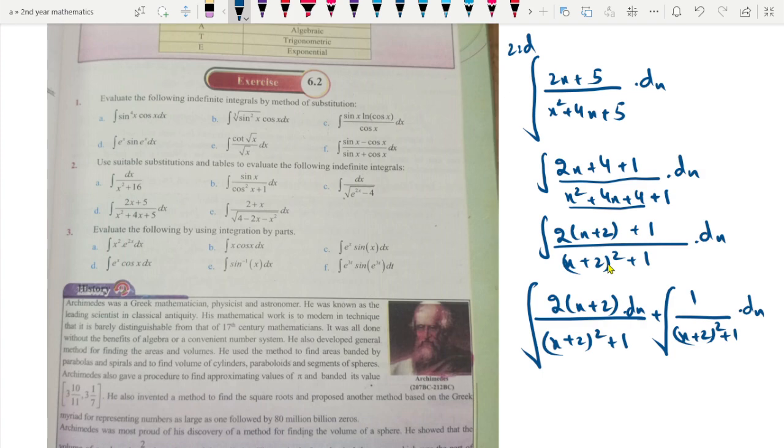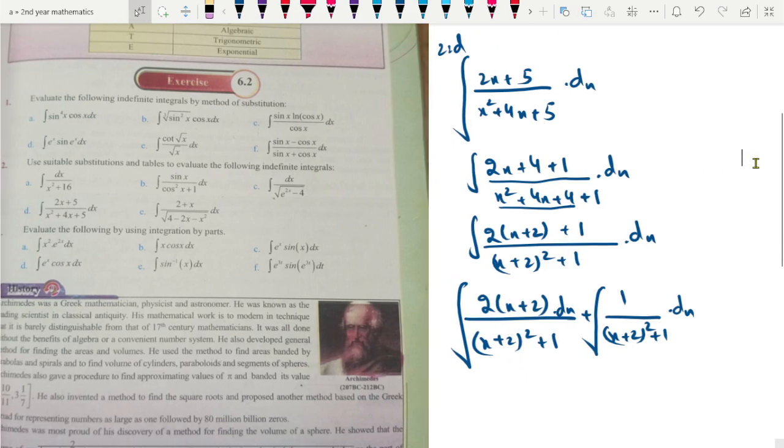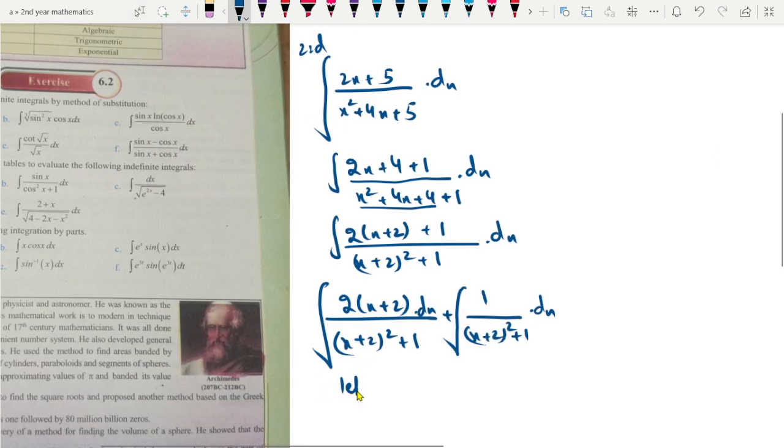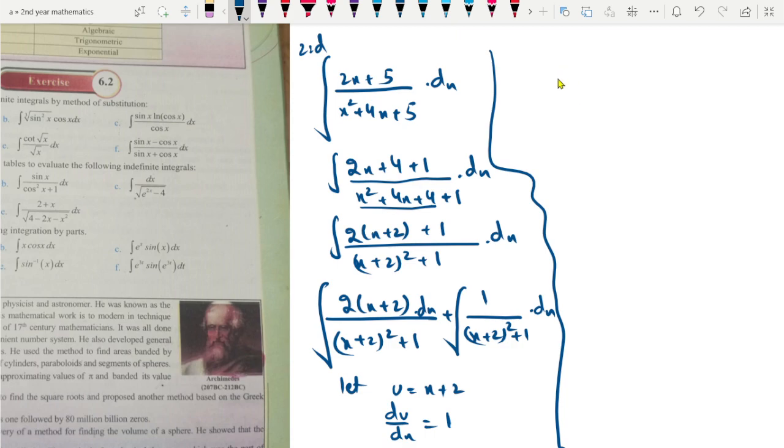Taking the derivative, du divided by dx is equal to 1. So du is equal to dx. At the place of dx, I can write du.